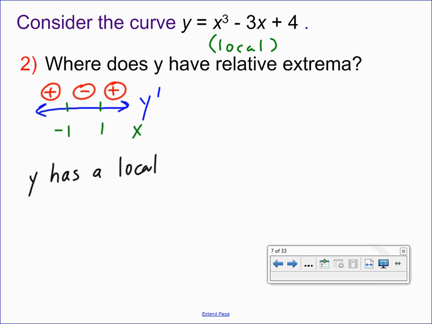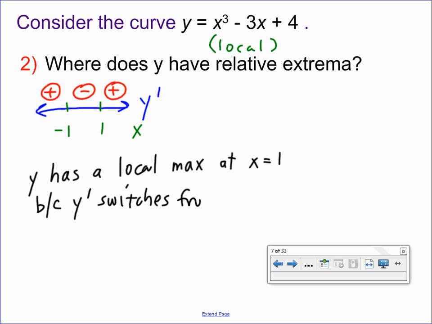Y prime switching from positive to negative means that y switches from increasing to decreasing, indicating y has a local maximum at x equals -1 because y prime switches from positive to negative. Good.